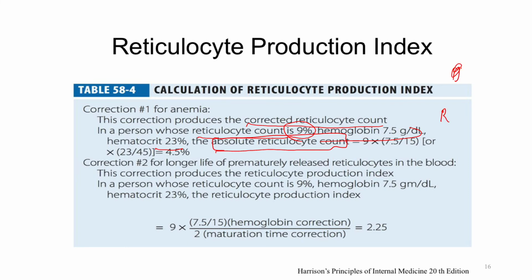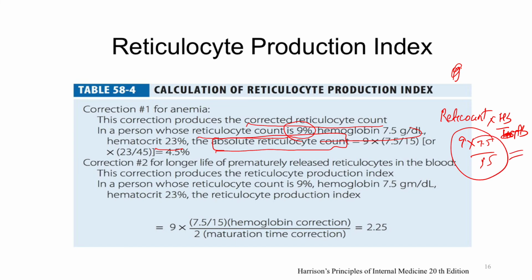It is the patient's retic count, 9, multiplied by the patient's hemoglobin, 7.5, divided by the normal hemoglobin for that sex and age. Normal hemoglobin is 15. So we get the reticulocyte count.